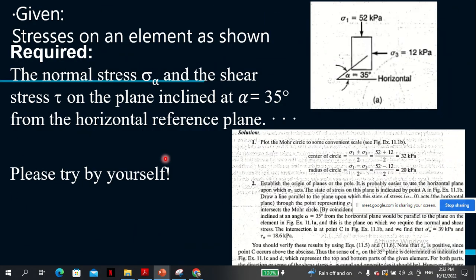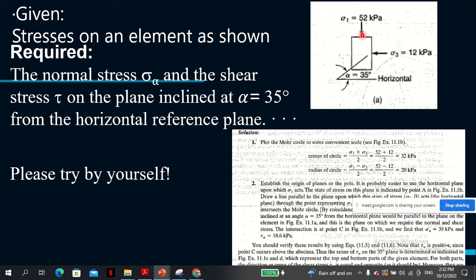So this is just to show you now what to do. These things are usually done in a test, for example the shear test, or we call it the direct shear test, or what is also called the triaxial test. Because we always know these values, but what we don't know is the stresses in any other plane.